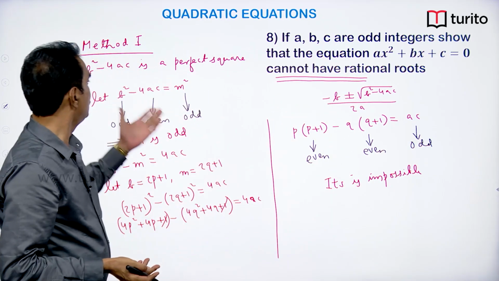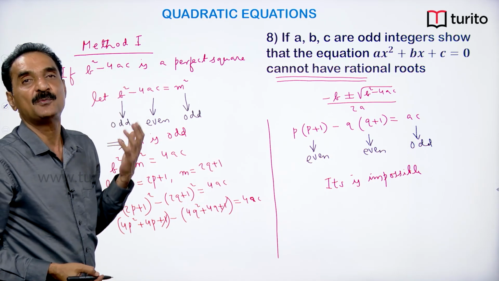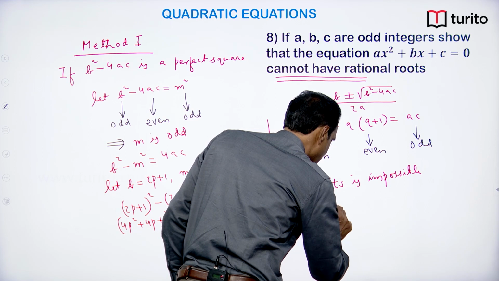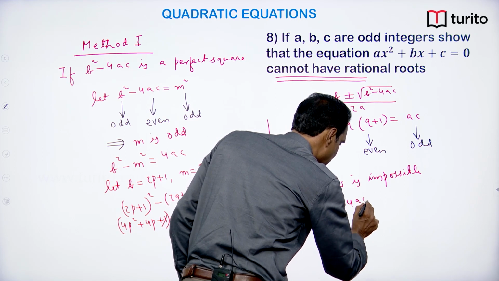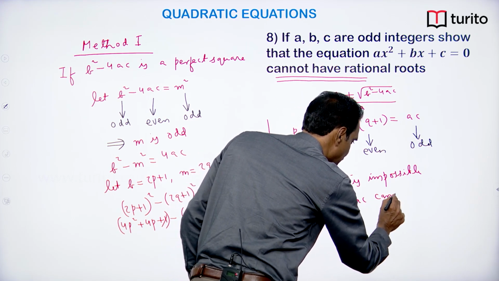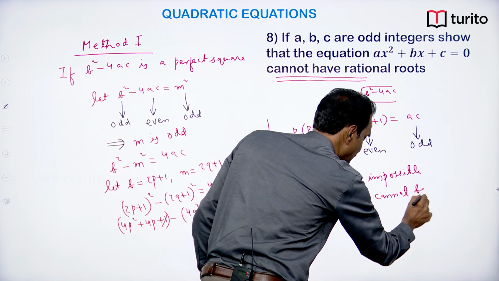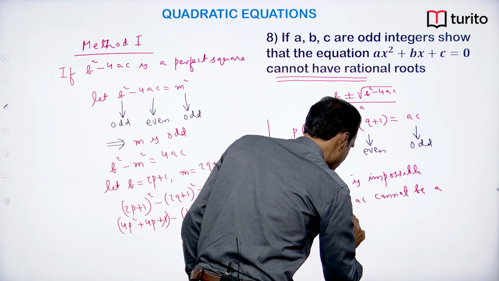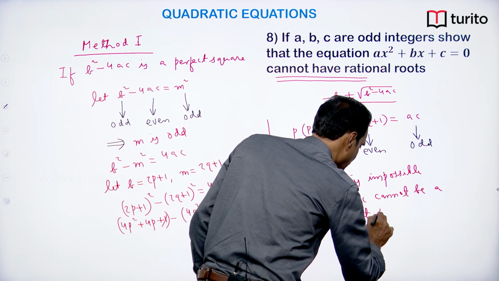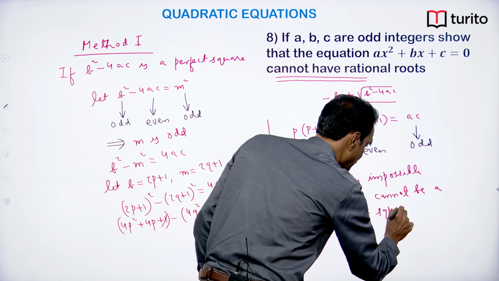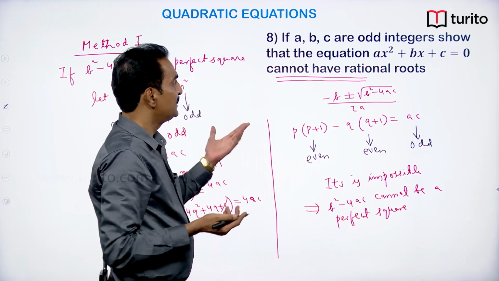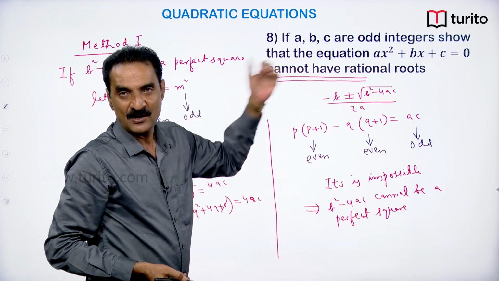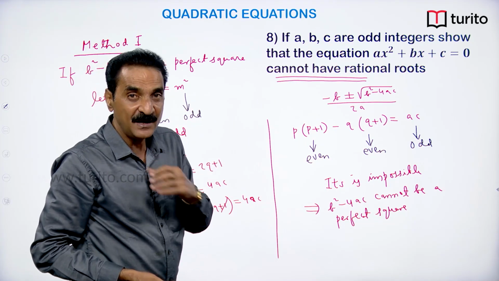So, b square minus 4ac cannot be a perfect square. It is proved. So, if it cannot be a perfect square, then the roots of the equation cannot be rational.